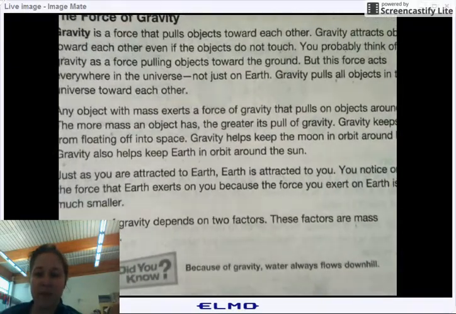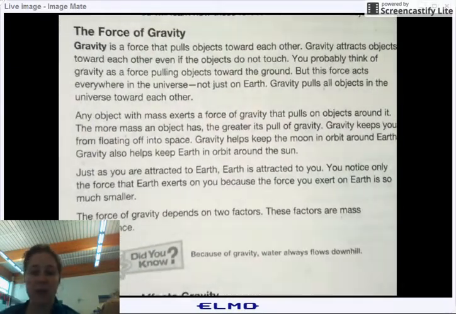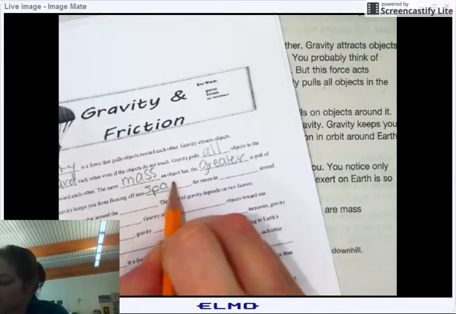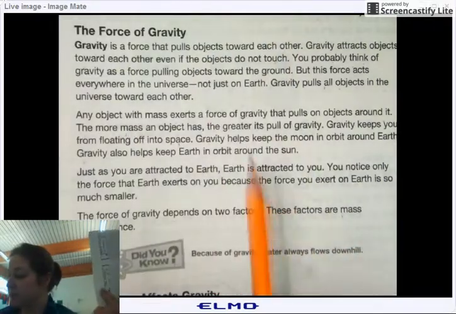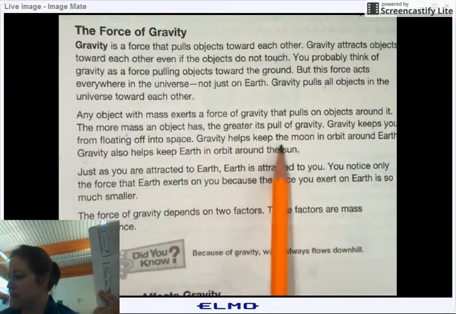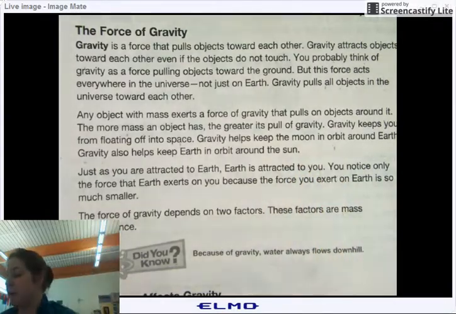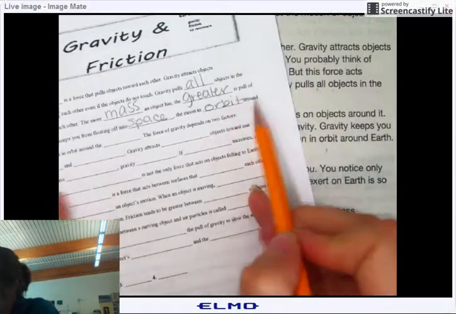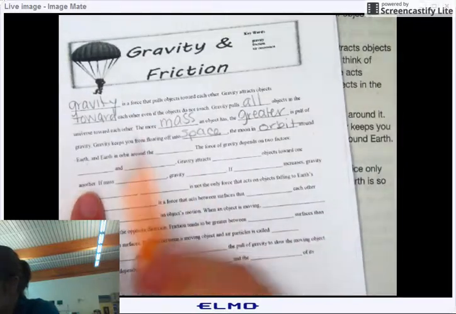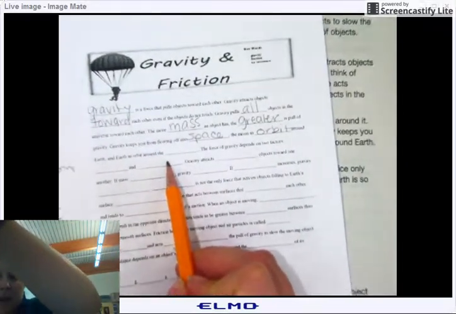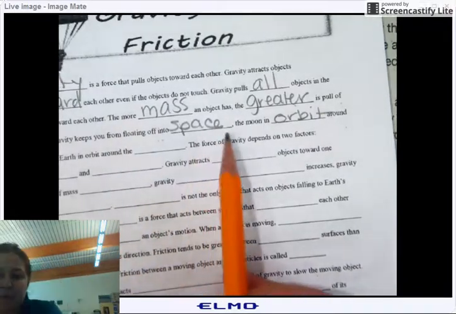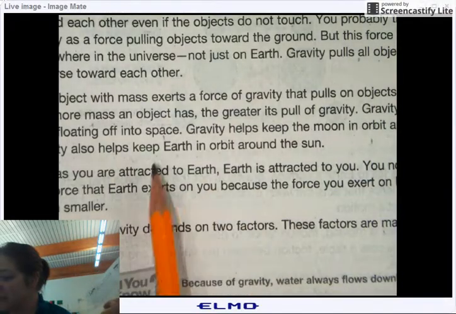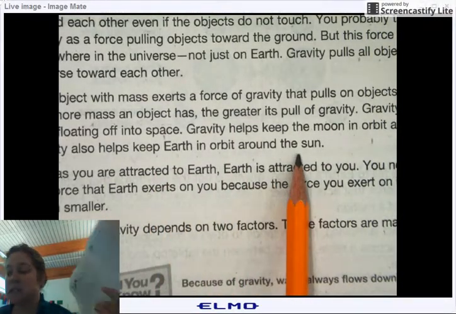Gravity keeps you from floating off into space. The moon in blank around Earth. Gravity keeps the moon in orbit around Earth, and Earth in orbit around the sun.